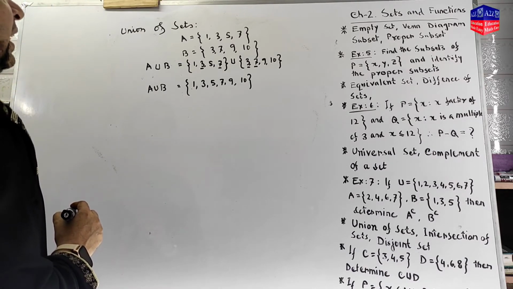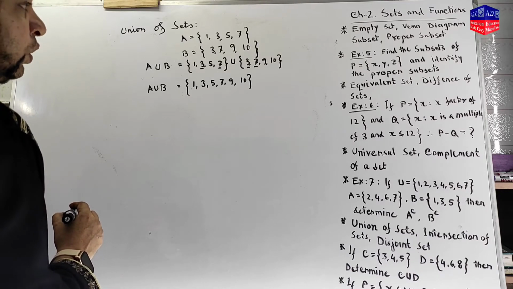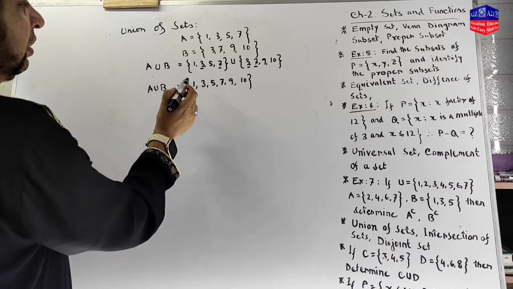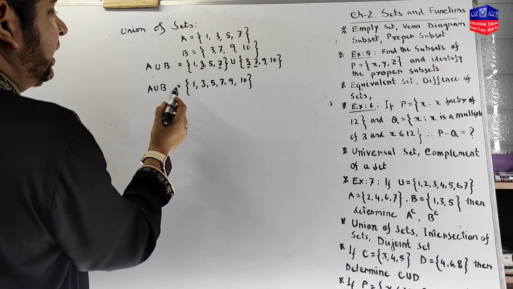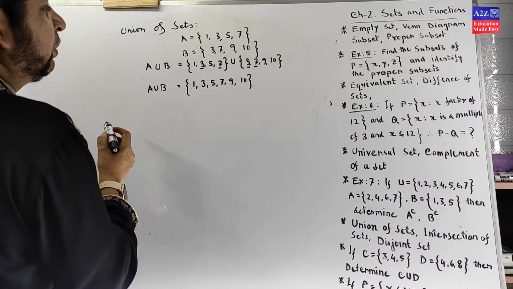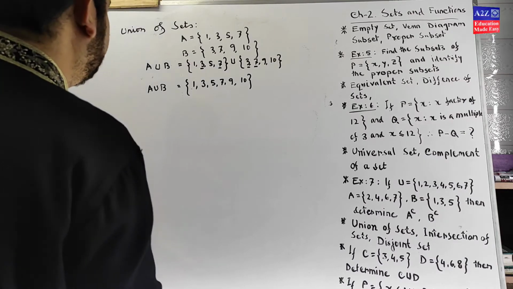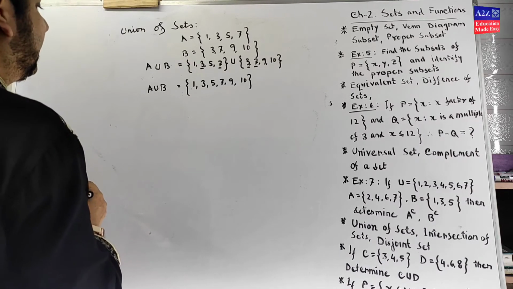If the elements of two or more sets are joined together, you see all the elements of sets A and B are joined together, and there are no repeated items. So this is basically A union B, or the union of both sets A and B.